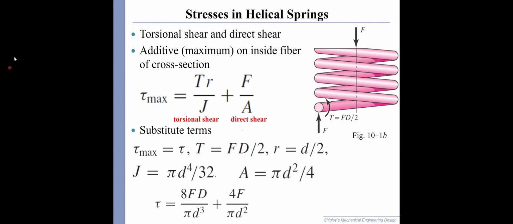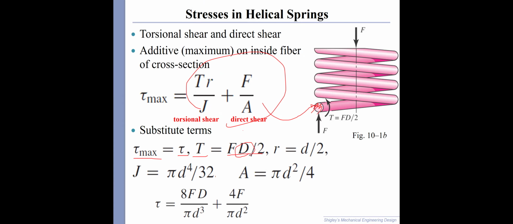Therefore, for the maximum stresses, which include the torsional shear and the direct shear, applied to this cross section, we can substitute tau max, the maximum shear, with the torque equal to Fd over 2.